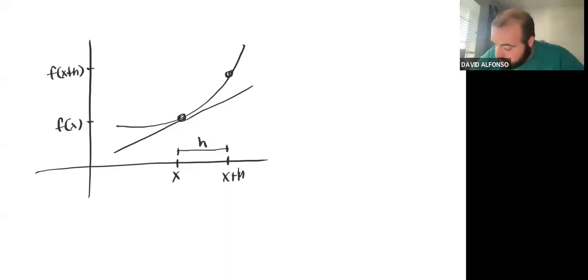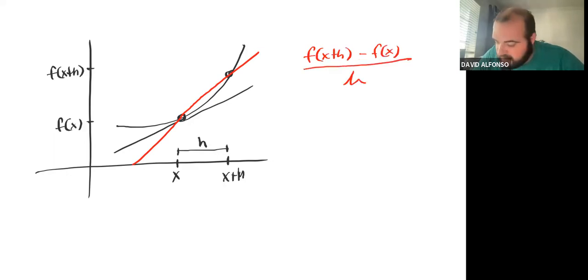I can find the slope between those 2 points pretty easily, right? The rise would be the change in y, so f of x plus h minus f of x. And the run would just be h, because that distance from here to here is h. So that's the slope between those 2 points.